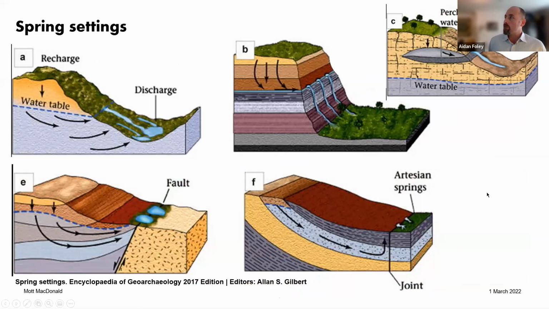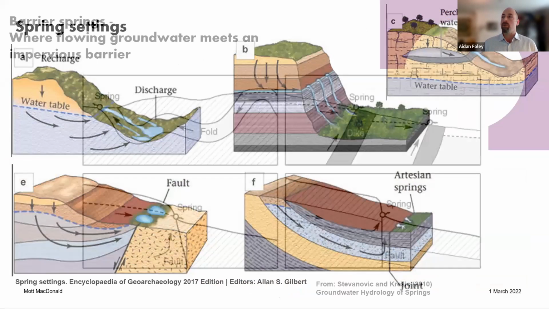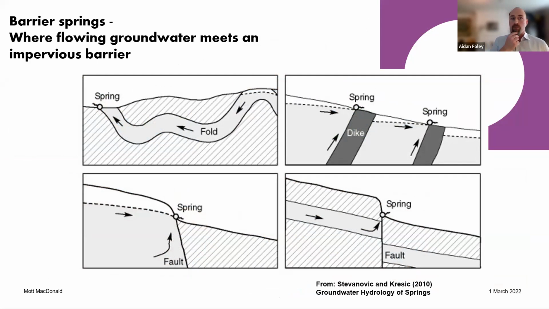Here are a few schematics of spring settings in different geological contexts, and I'm going to talk about some of those in a little more detail in the following schematics. Geological barriers cause flowing groundwater to come to the surface, and here are a number of settings in which that occurs.